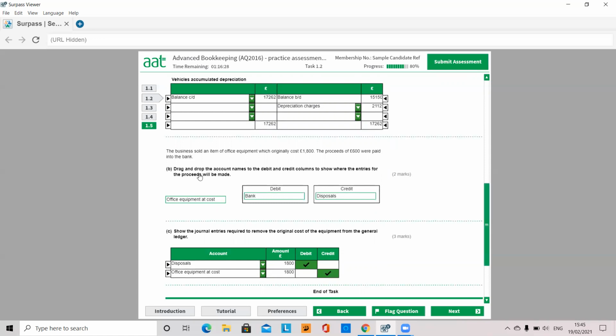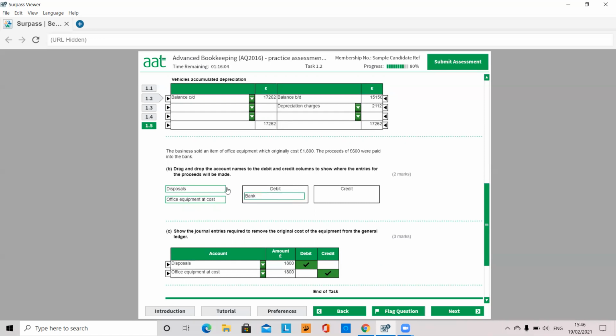So the first thing it says is drag and drop. So all these were over here originally. That was over there. And it says drag and drop the names of the debit and the credit columns, which shows the entry for the proceeds that were made. So the proceeds was £600. So obviously we're going to debit the bank because the money's gone in the bank.